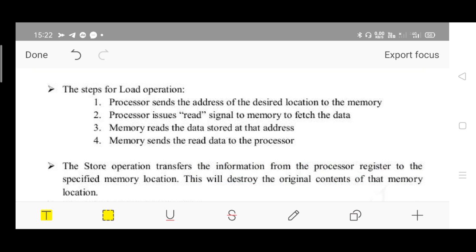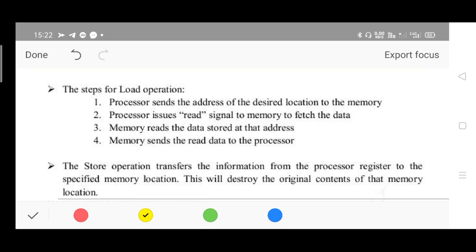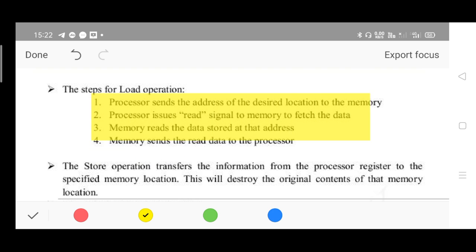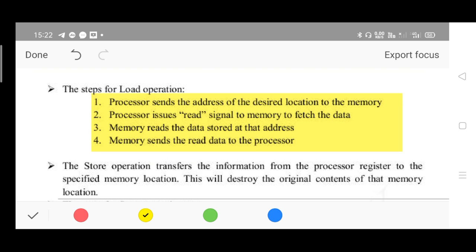So, the steps involved in the load operation. There are 4 steps involved in the load operation or read operation. The first one is that the processor sends the address of the desired location to the memory. So from where the data is to be read, this question comes, right?